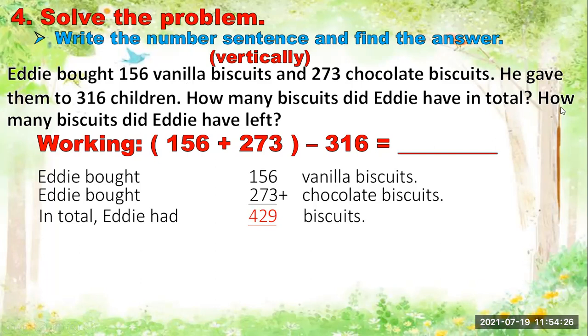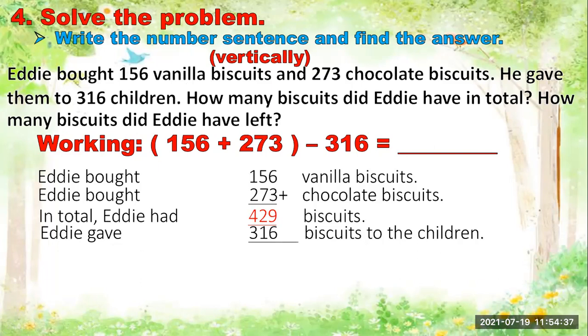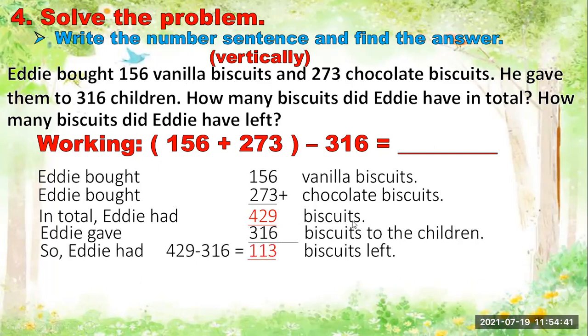The second question here is, how many biscuits did Eddie have left? Left? Oh, it's a minus sign. So we will write the minus sign here. So 429 biscuits minus 316 biscuits given to the children, so 429 minus 316, the answer is 113.